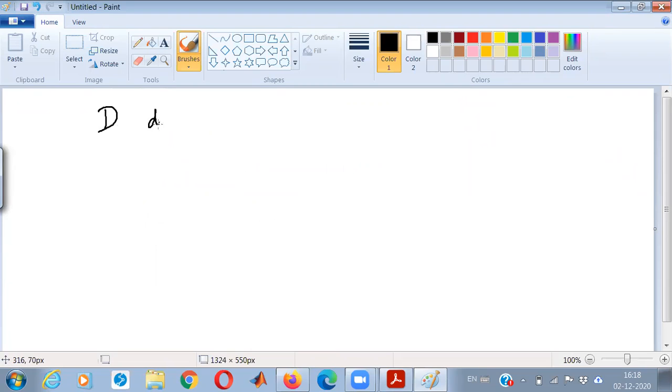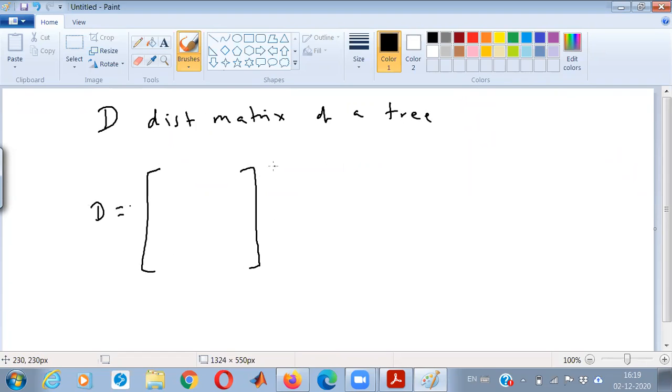If you have the distance matrix of a tree, and you look at the distance matrix and the Laplacian, here is the distance matrix, and here is the Laplacian. It turns out that if you take any minor of the Laplacian, this need not be a principal minor, meaning you just take a determinant of any size, it is the sum of the cofactors in the complementary submatrix.